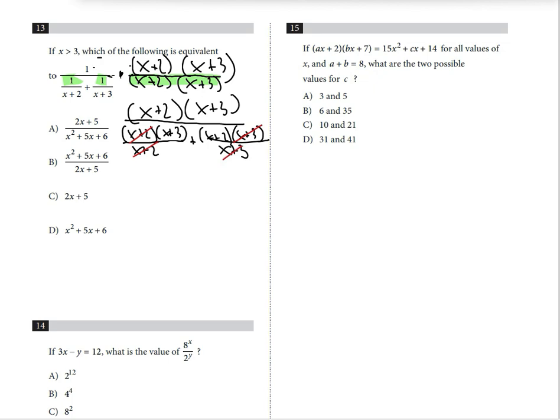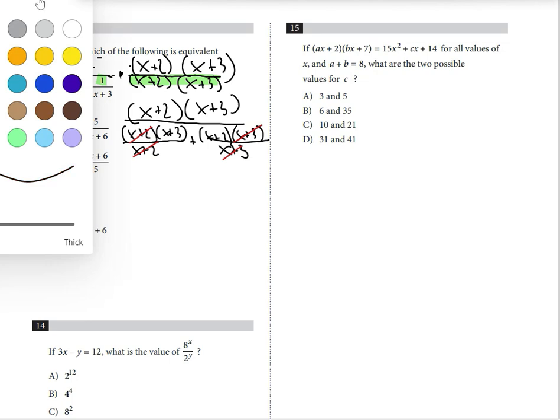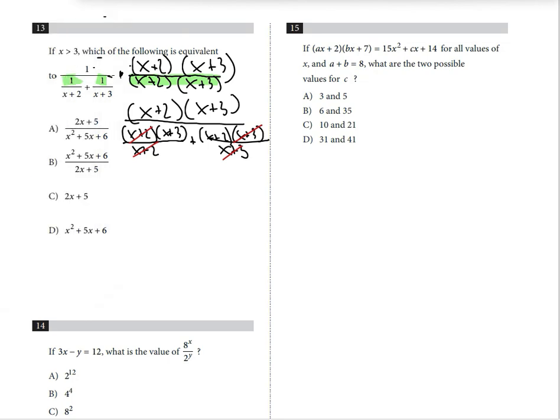And in the numerator, I can FOIL this, right? So I have x plus 2 times x plus 3. So we can do FOIL. First, x squared. Outer, x times 3. Inner, 2 times x. Last, 2 times 3. So that's our numerator.